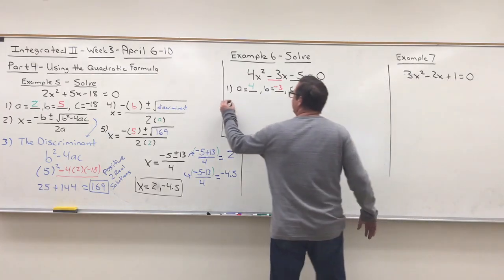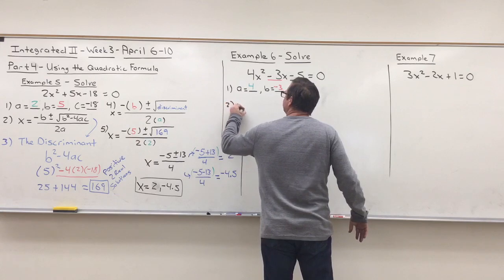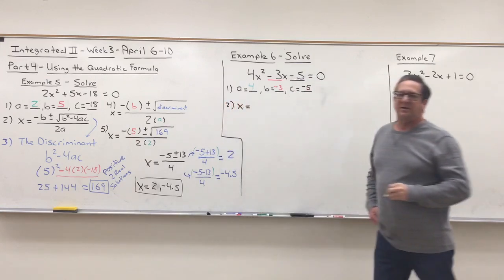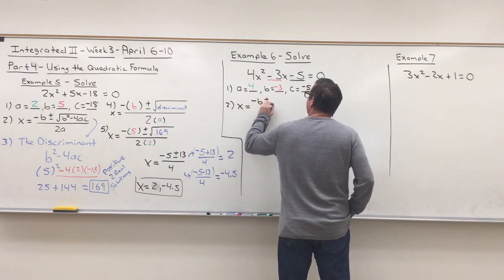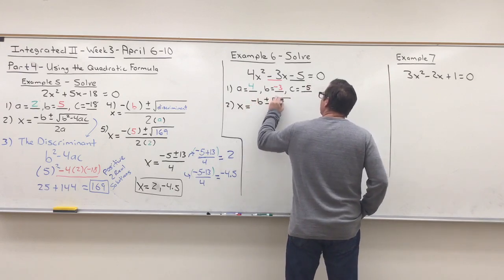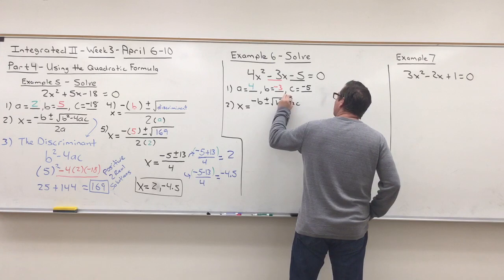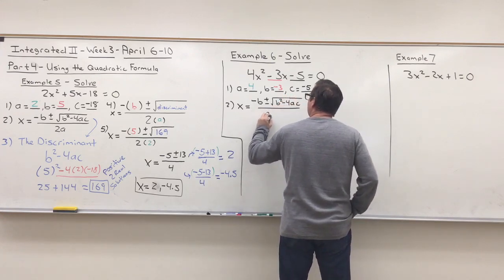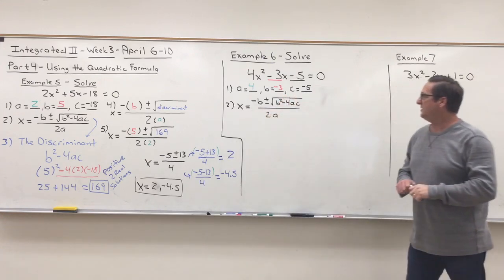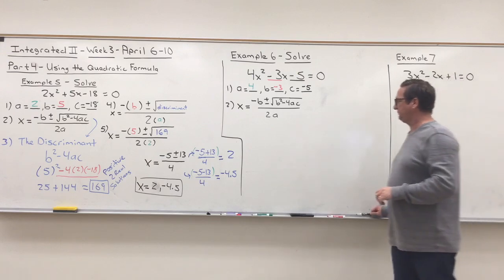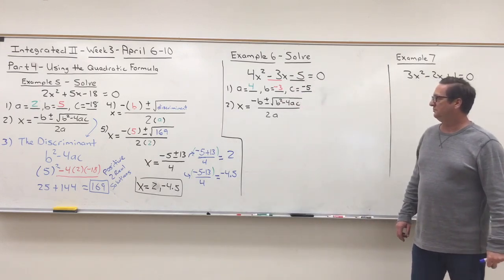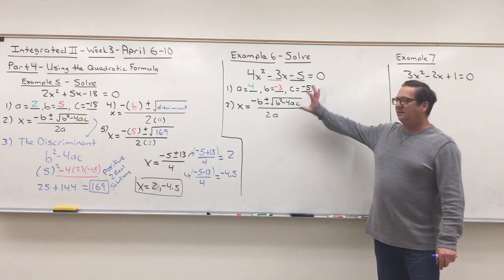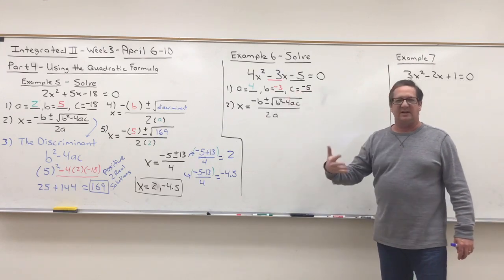Okay. Step 2, the quadratic formula. X equals negative b plus or minus the square root of b squared minus 4ac all over 2a. Once again, you may not think it's necessary, but we got a nice rhythm going.